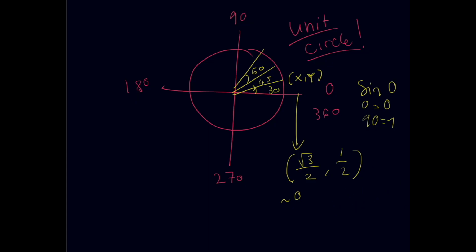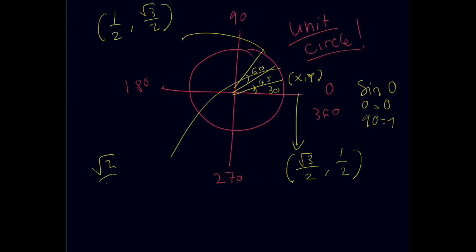On the other hand, 60 is the same, but the opposite. And then the angle of 45 is this. And this basically is mirrored here, here, here, here, here, here, and here. That's the same. So that is why you will probably see the unit circle to help you remember all of the different values for sine and cosine for different triangles.